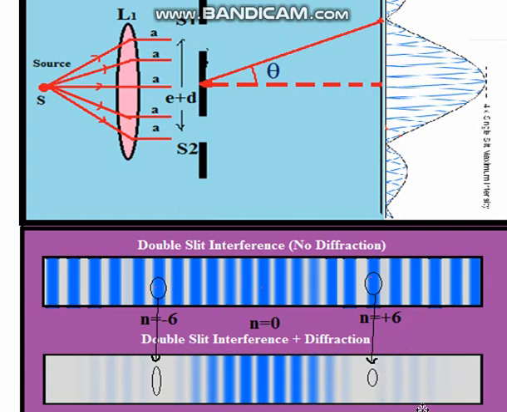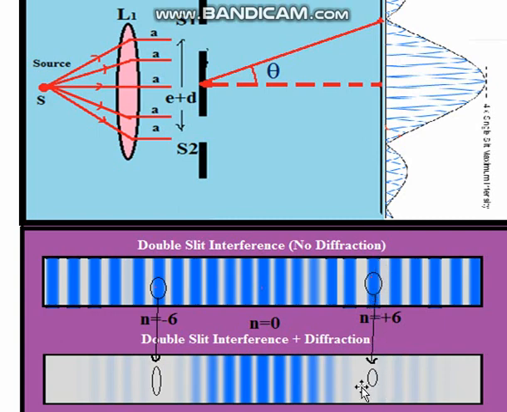The other envelope is here. There is a group of interference fringes with some space from the central bright band, and a similar identical group of fringes on either side of the central bright band. You can observe that this particular n equal to +6 order bright band of the interference is found missing.